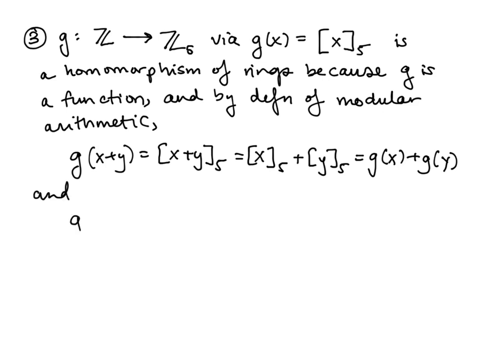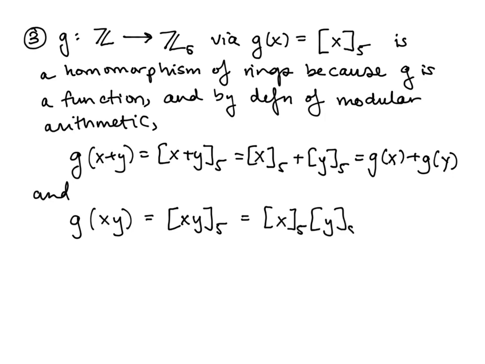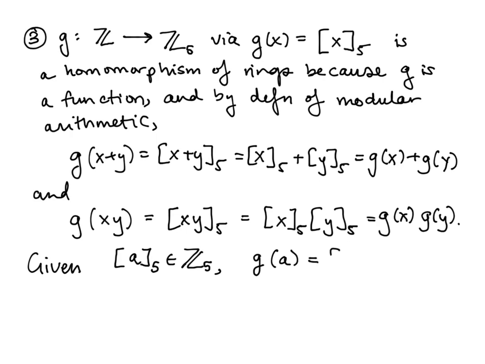So addition is preserved. And similarly, if I look at this product, the way we said to multiply equivalence classes was to take the product of their representatives. And this tells us that multiplication is also preserved. So we've got ourselves a nice little ring homomorphism here. If I give you some target equivalence class, like a mod 5, and say, tell me something that maps there, we could just take the representative a, plug it into g, and you get a mod 5.